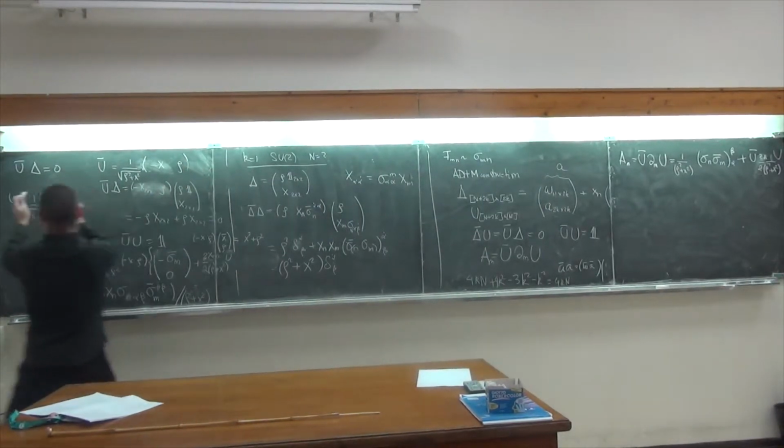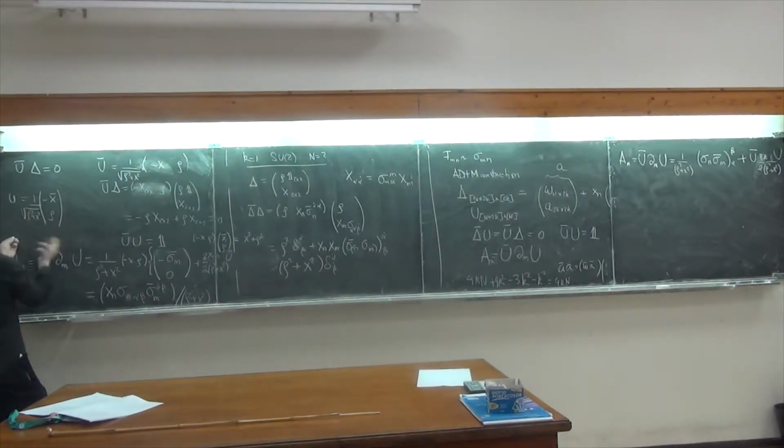Now I have this. I add here, I will get really 1 over rho squared plus x squared to the 3/2, xn minus, right? You will say 1/2, but then you have a 2 coming from the minus that.